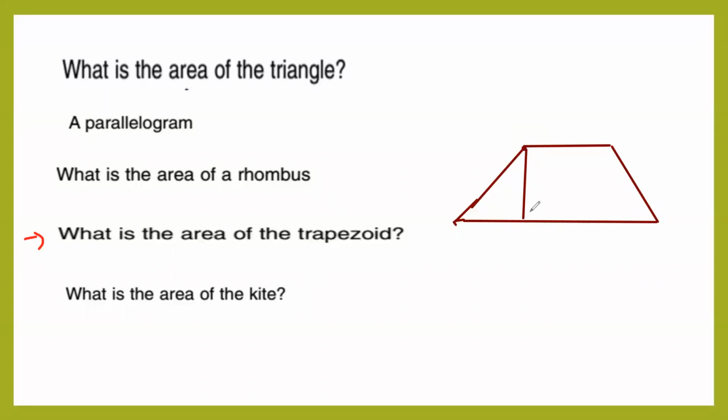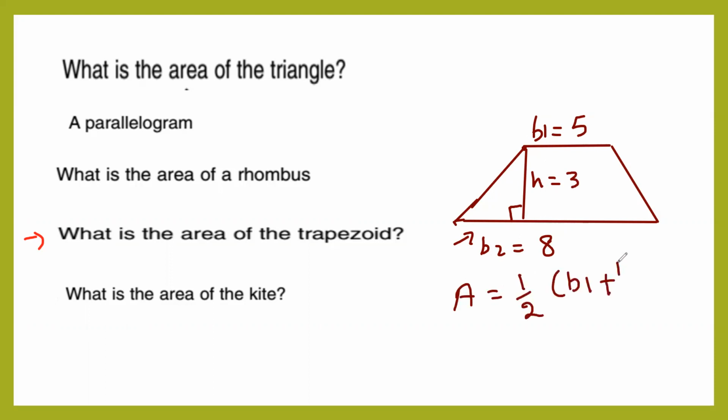The height is a perpendicular line from the vertex to the base. If B1 equals 5, B2 equals 8, and the height equals 3, then the area of a trapezoid is half, base 1 plus base 2, times height.